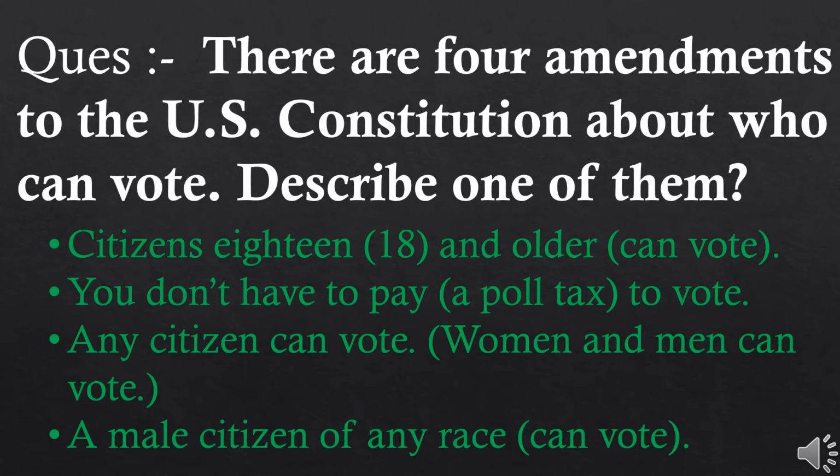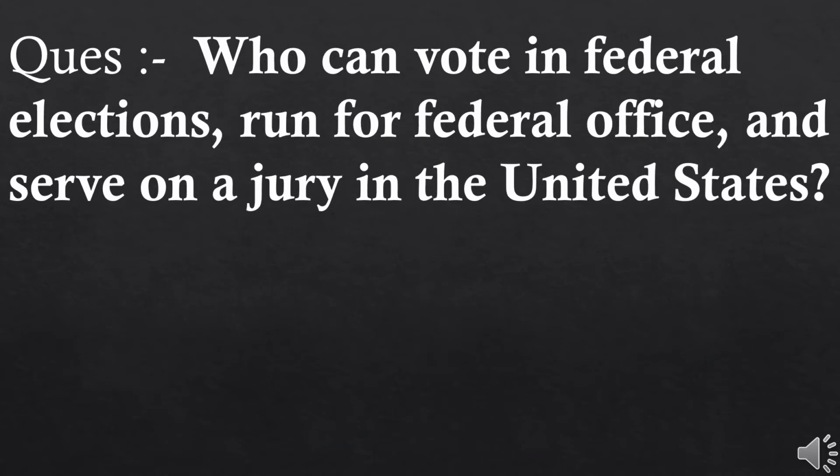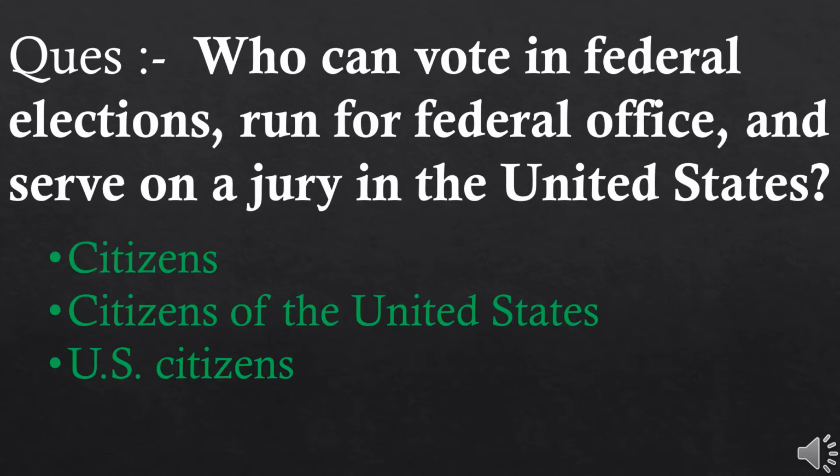A male citizen of any race can vote. Question 64. Who can vote in federal elections, run for federal office, and serve on a jury in the United States? Citizens. Citizens of the United States. U.S. citizens.